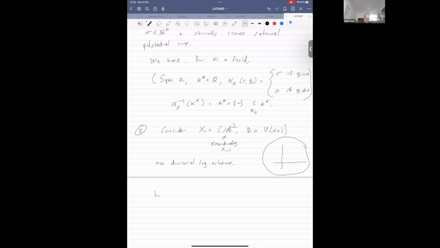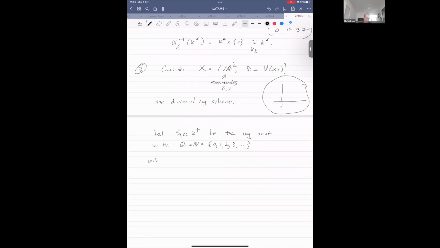Now let's let spec k dagger be the log point that I just defined up here, but with Q equals the natural numbers. The natural numbers here start with 0. So that's a good example of a toric monoid.